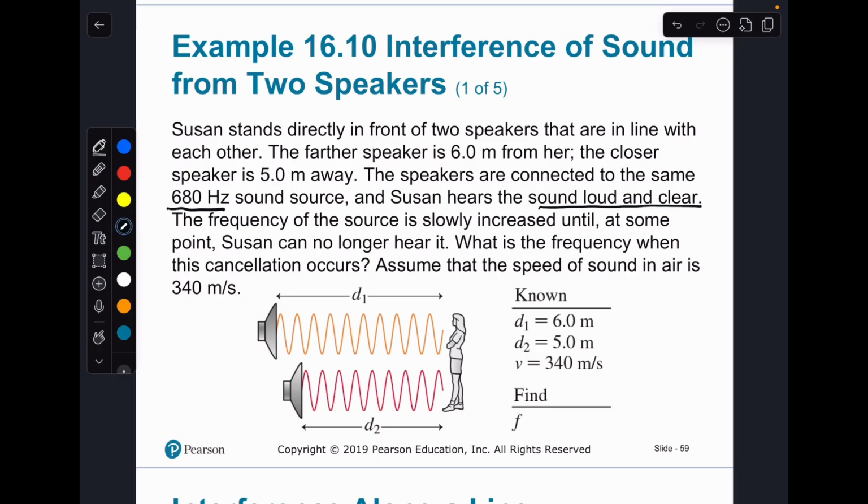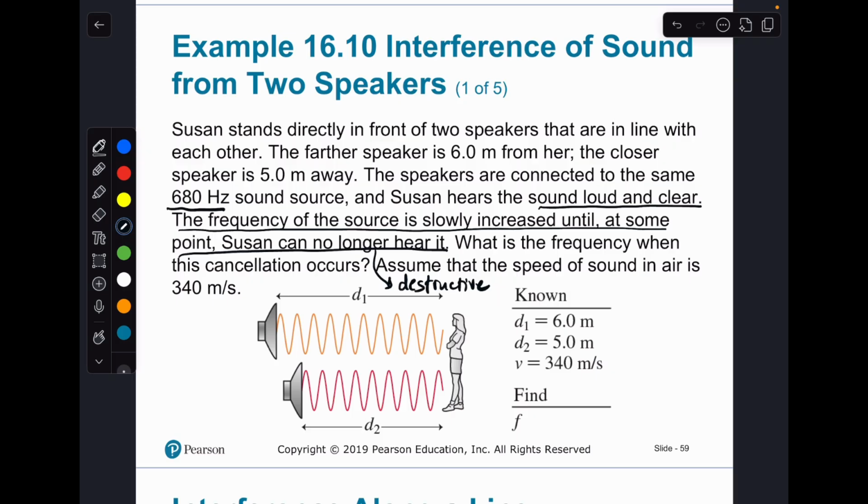But now the point of the problem is that the frequency of the source is slowly increased until she can no longer hear. And so, in other words, the frequency is being changed such that destructive interference is occurring. Right? When she can no longer hear it, that means we have destructive interference of the sound waves.